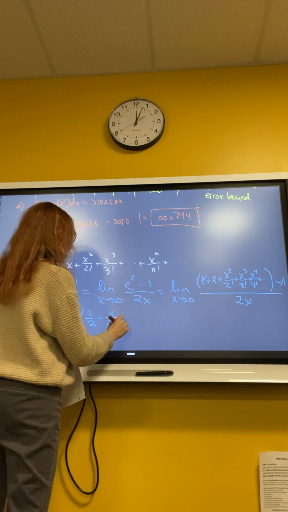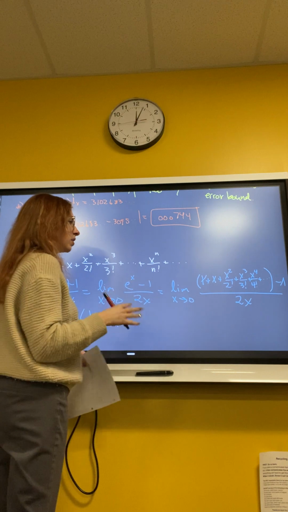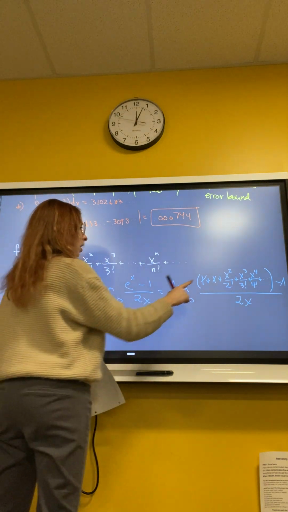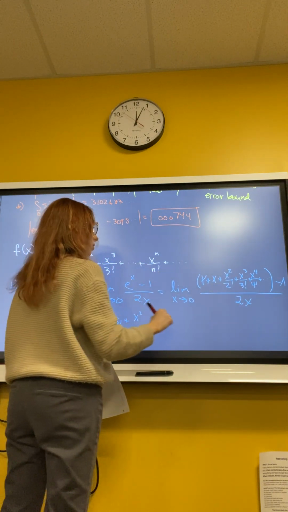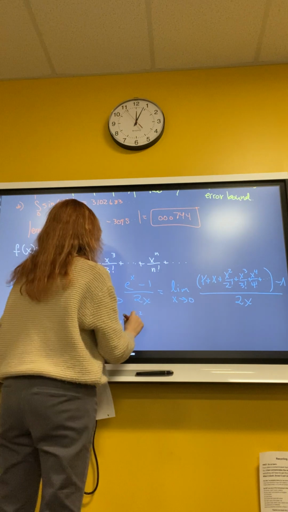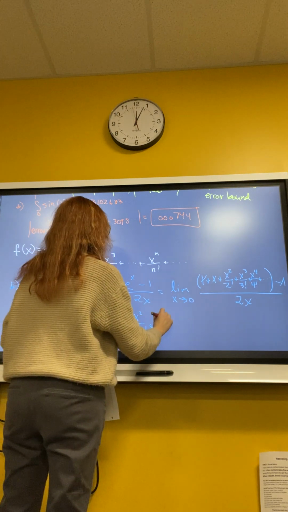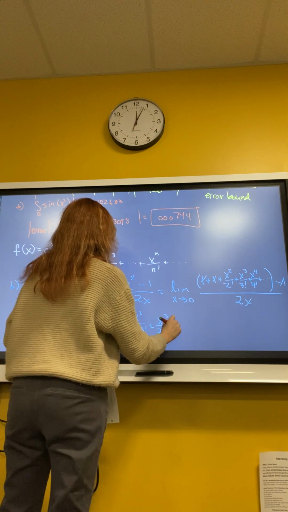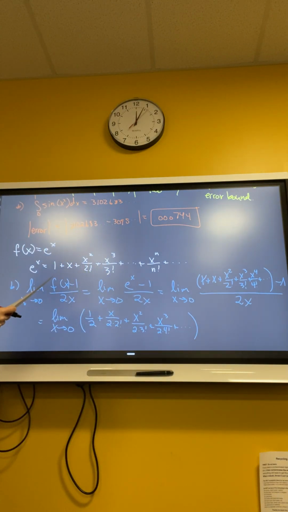I'm going to write it as 2 times 2 factorial, even though it is just 4, just so I can write out the pattern too. The x's are going to take 1 away from that exponent, and these are both going to be in the bottom, so 2 times 3 factorial plus x cubed over 2 times 4 factorial, and that pattern is going to continue.